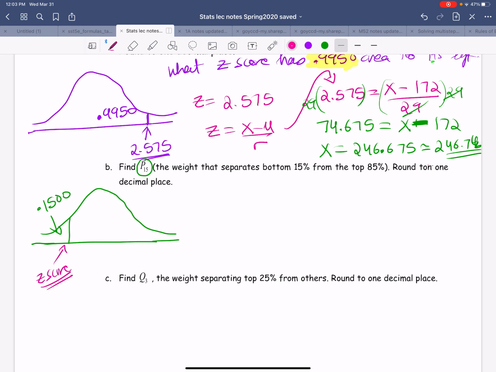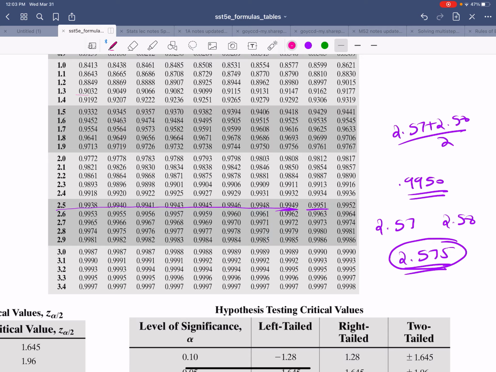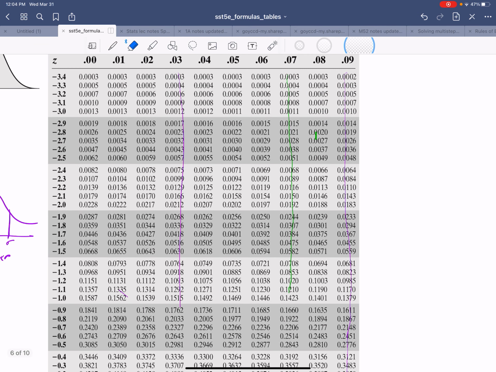I should be looking into the negative z-scores because this is way below my average. Average is 50% in the middle, and this is 15%, so kind of on the left-hand side. So negative z-scores, okay? Look in the negative z-score table, 0.1500 in the body of the table.